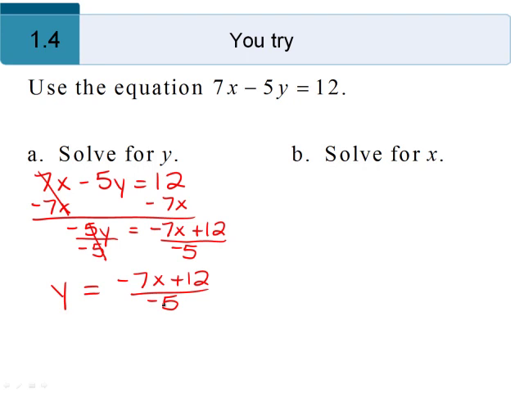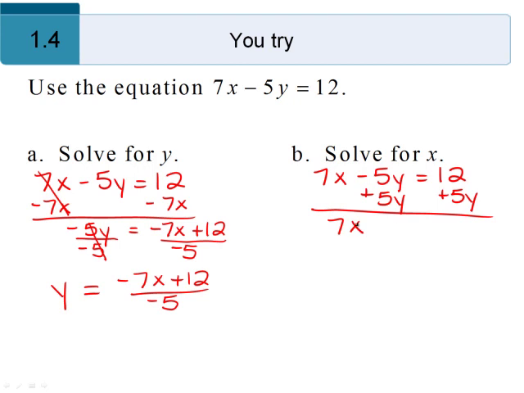Now they want us to take the same equation, but this time we're going to solve for x. So we're going to first of all get the 7x by itself. I want to get rid of that 5y, so I'm going to add 5y. Okay? So 7x comes down, and I'm going to keep the same pattern of putting the variable term first.